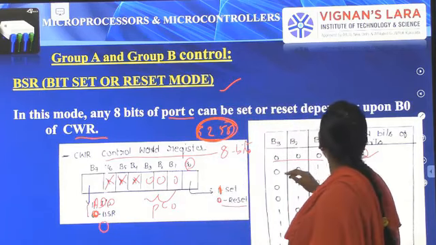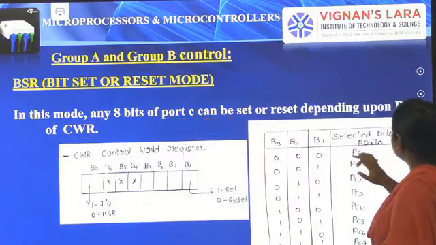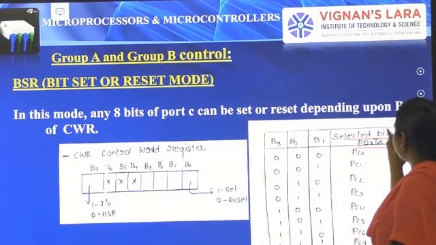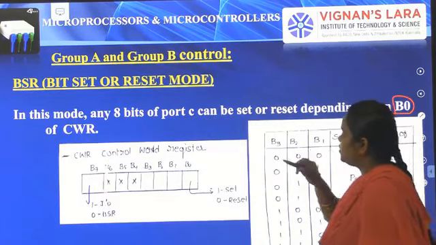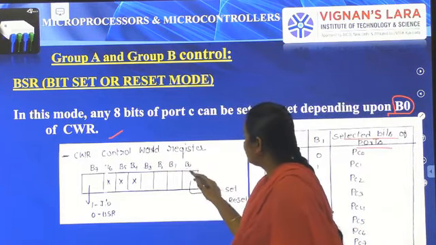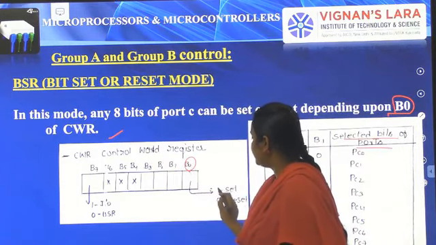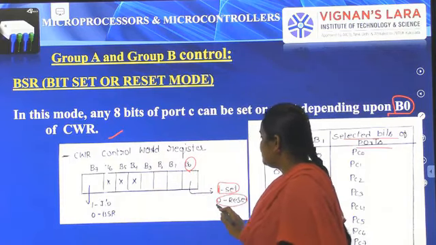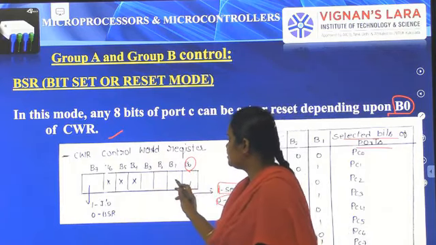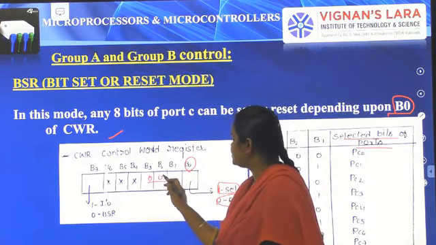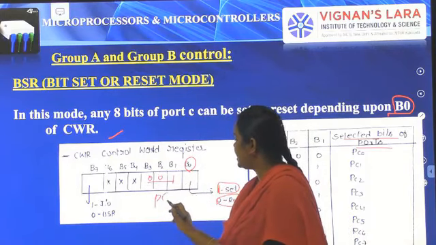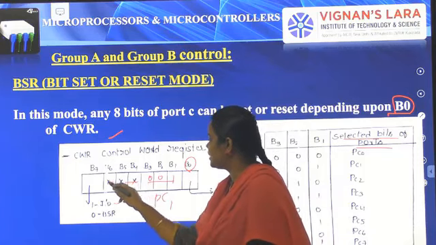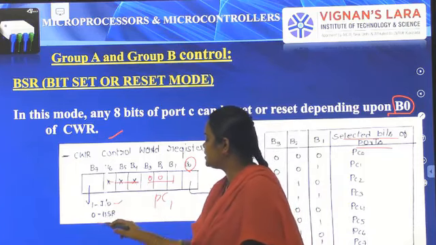So depending upon the B0 of the control word register, either it is 1, that means the 8255 is in operation, or it is 0, not in operation. For 001, port C1 is carrying the input and output devices information. These three are don't care, that means not used. 0 means it is a reset.